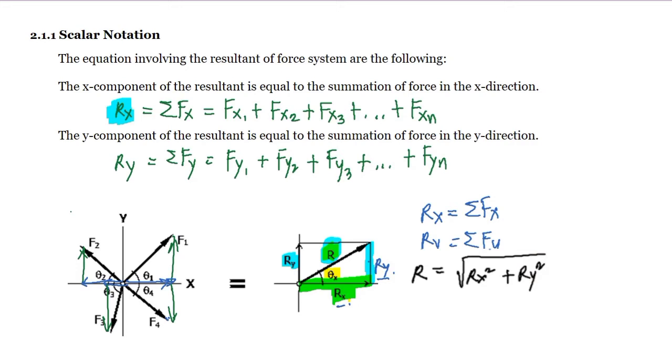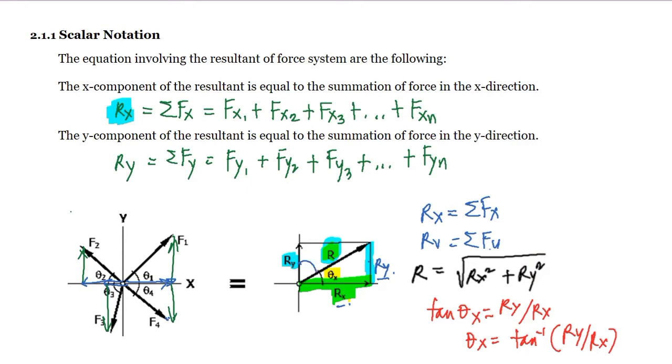So we have here the tangent of the theta x is equal to the opposite side, that is the Ry, over the adjacent side, that is the Rx. And if we are going to compute for the theta x, that is just equal to the arctangent of the Ry over Rx.